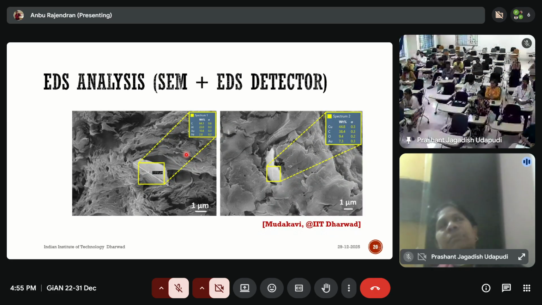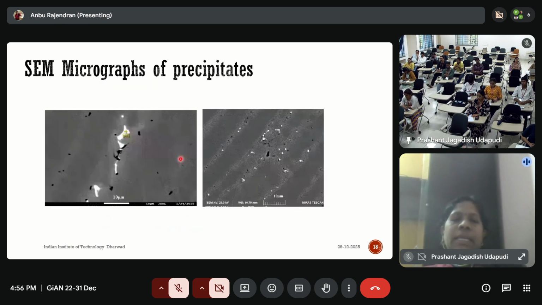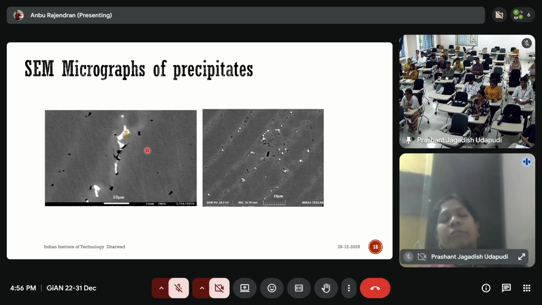SEM generally comes with two detectors, a secondary electron detector and a backscatter electron detector. For general fractography, you can take images using the secondary electron detector. In case there are precipitates, you have to go for the backscattered electron mode, where phases or features having density differences can be clearly distinguished.